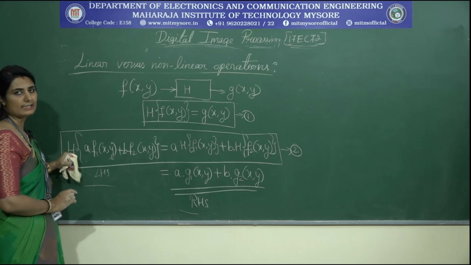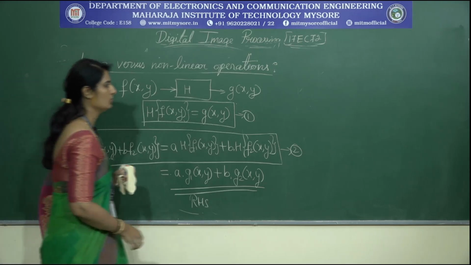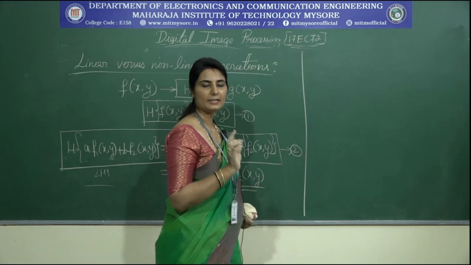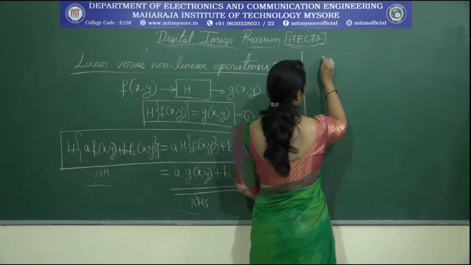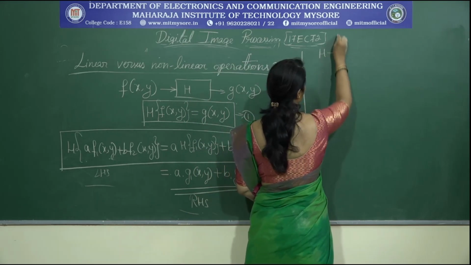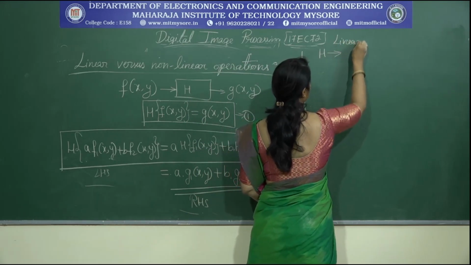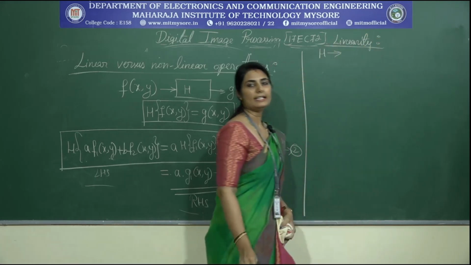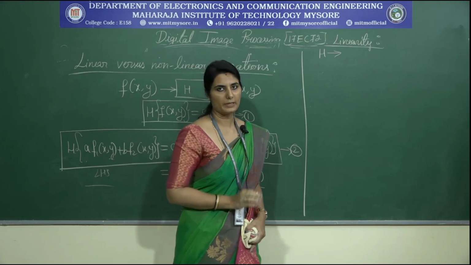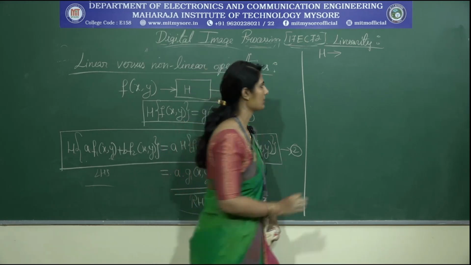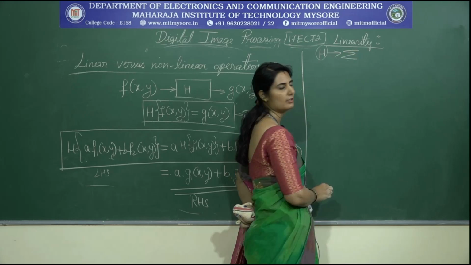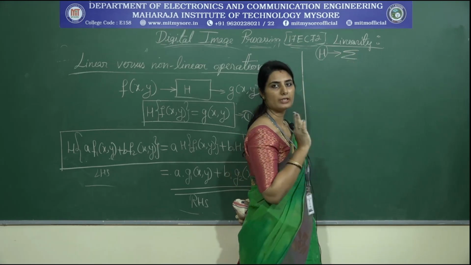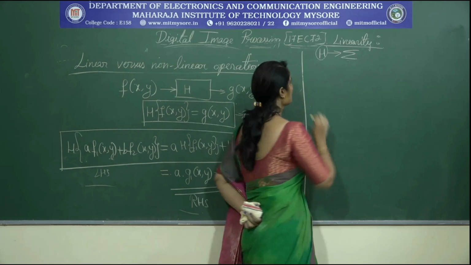To illustrate this, let me consider one example. To illustrate linearity, let me consider an example where H is a summation. Let H be the summation operator. Now I will use this operation on the two input signals f1 and f2.